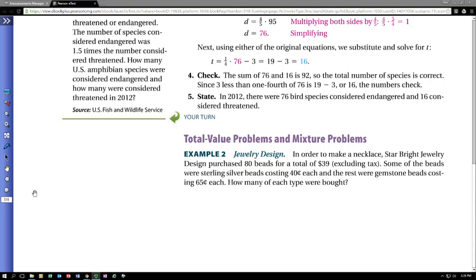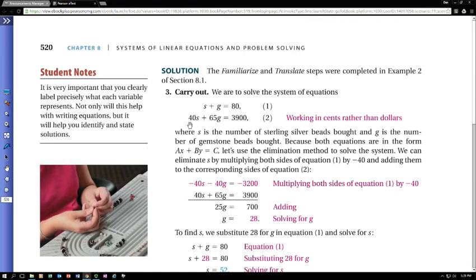So how many of each type were bought? And we went through those familiarize and translate steps. If you want to go through that again, it goes into a little more detail in Section 1 of this chapter, 8.1. But we end up generating these two equations.